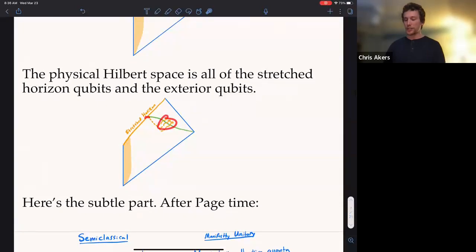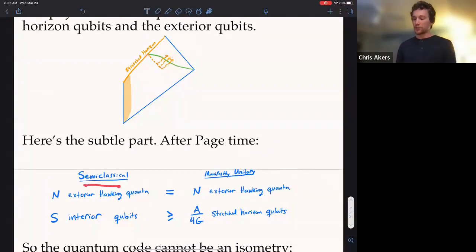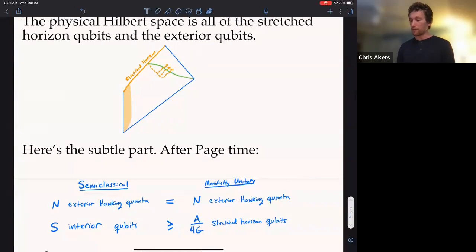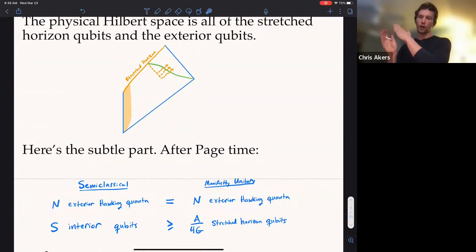Okay. And now here's the subtle part. After the Page time, the semiclassical description actually has more degrees of freedom than the manifestly unitary description. They both have Hawking quanta outside the black hole, right? That part doesn't change. All we've done is replaced our representation of the black hole.